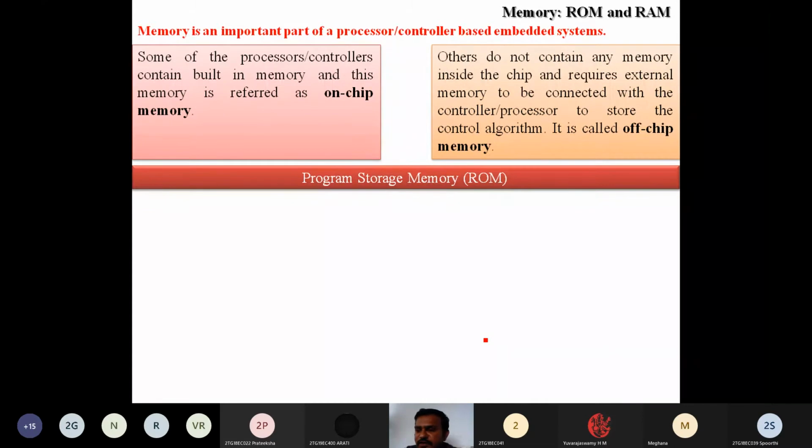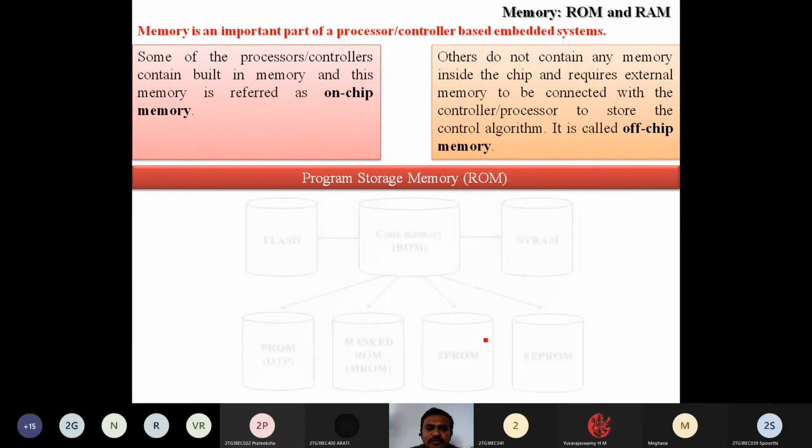We can have different labels for this ROM. Program storage memory, where you can store the programs. Code memory, where you can store; both are the same, program and code. Then read-only memory, where you use the algorithm which will be secured and for read purpose.